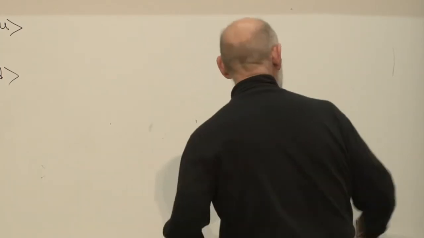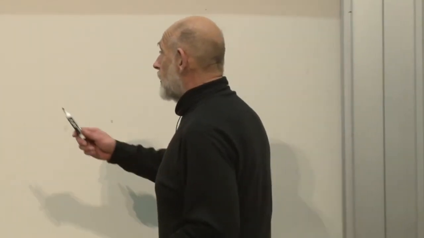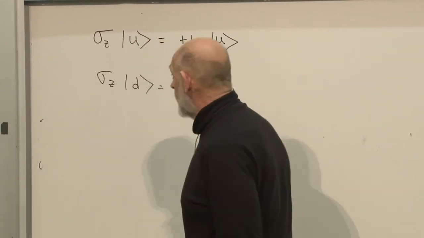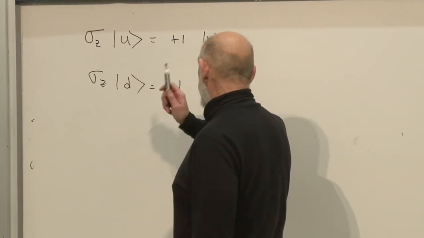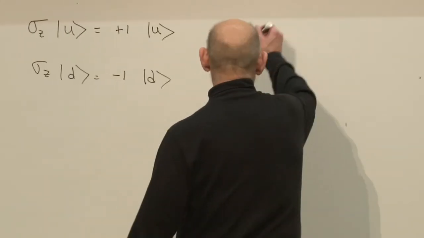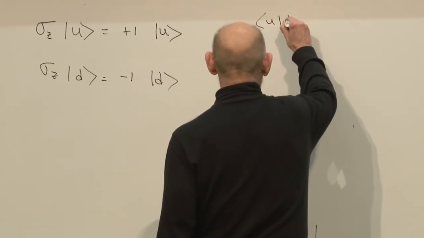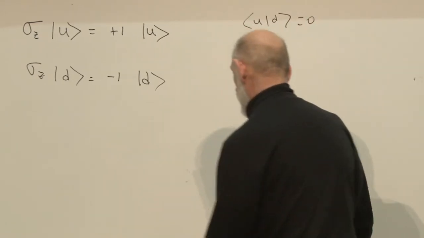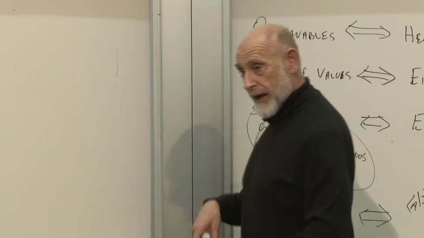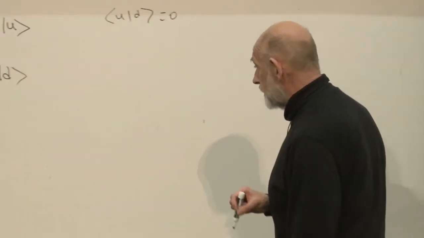They must be, according to these principles, because if sigma z is an observable, it corresponds to a Hermitian matrix. If there are two different eigenvalues, the eigenvectors must be orthogonal for a Hermitian matrix. And so we first of all learn that up and down are orthogonal. That's one fact. So it doesn't matter whether we write up, down, or down, up. We could write it in the opposite order.